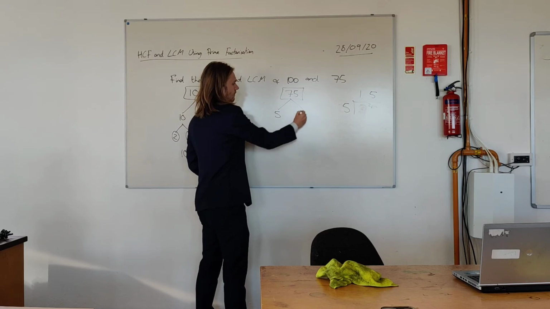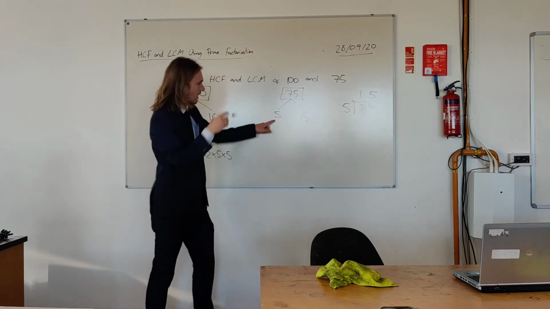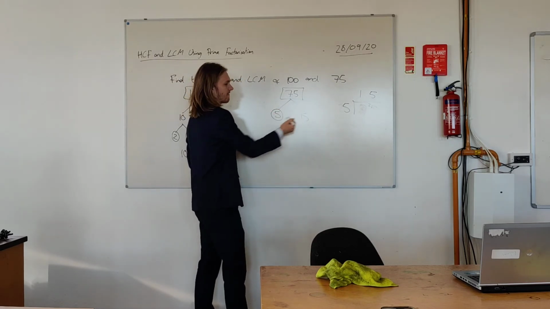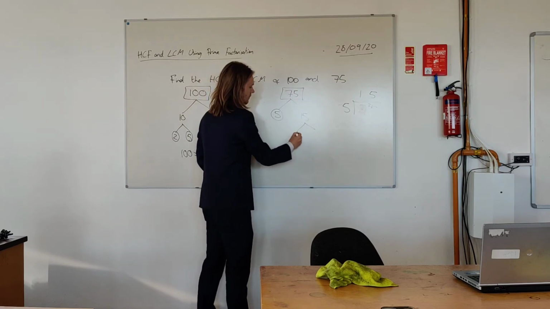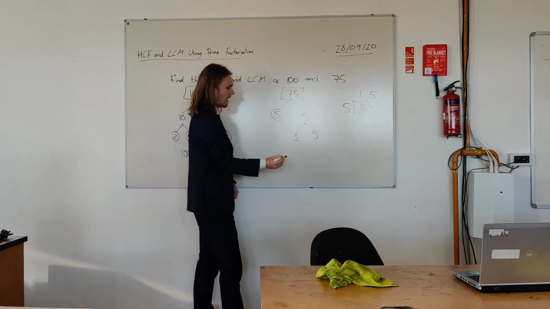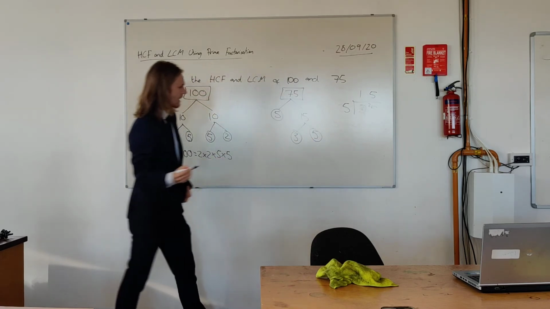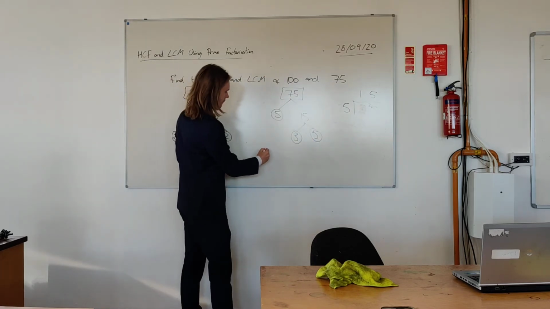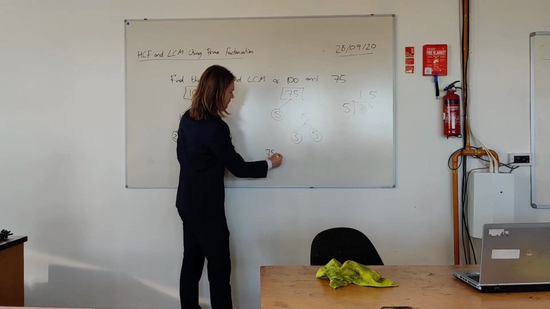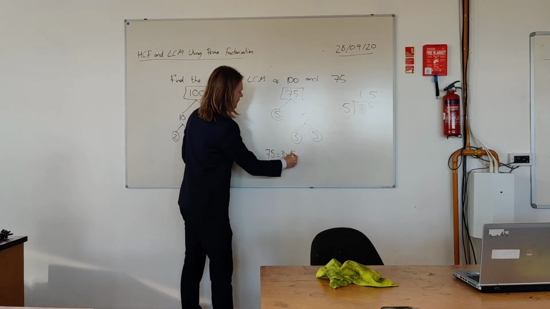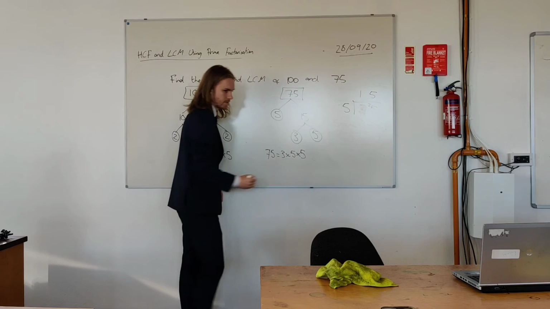I'm going to do 5 and 15. 5 is prime, but 15 isn't prime. But I can split it into 3 and 5, which both are prime. Okay, and now that leaves me with 75 equals 3 times 5 times 5.